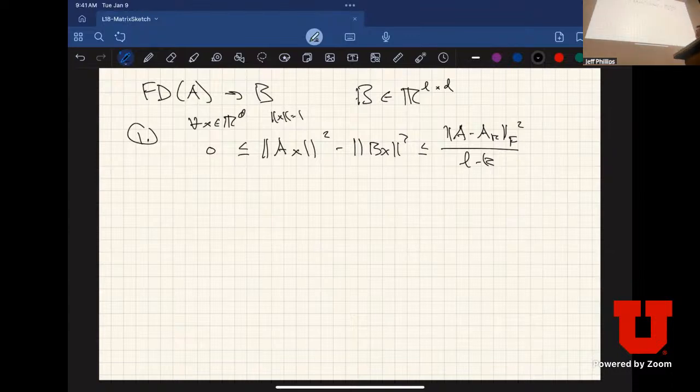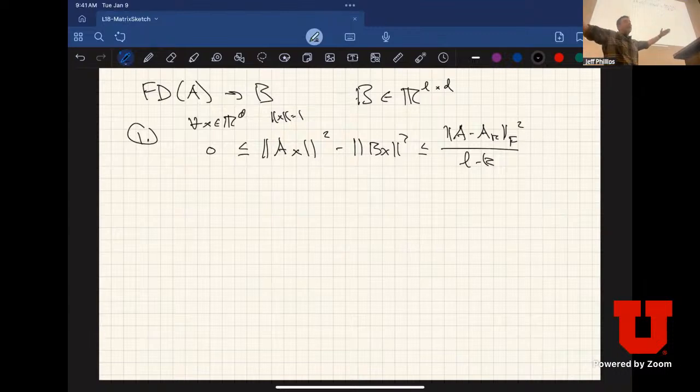For any direction, I can look at the direction in A and look at the direction in B, and the direction in B is always going to be smaller. So I've always shrunk the matrix, like the Misra-Gries sketch. And the bound is determined by the tail of some K, so I want L to be bigger than K so that I take the tail. If you make L twice as big as K, say you want 10 dimensions, you make L 20, and so then you're dividing by 10.